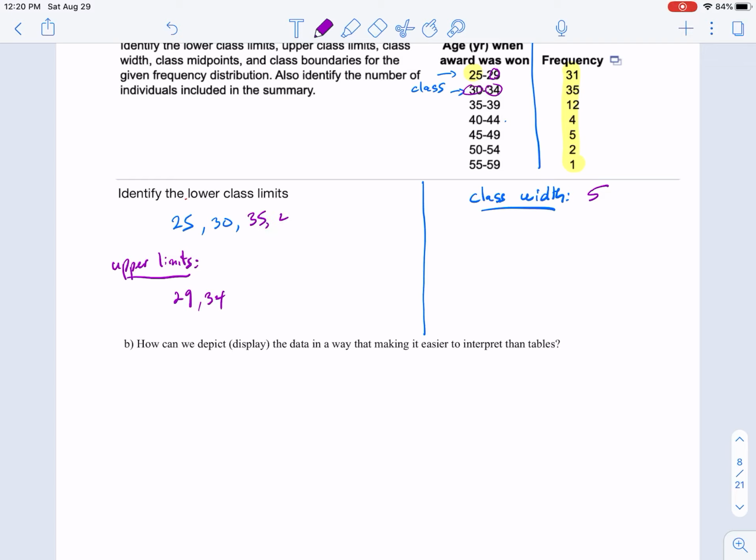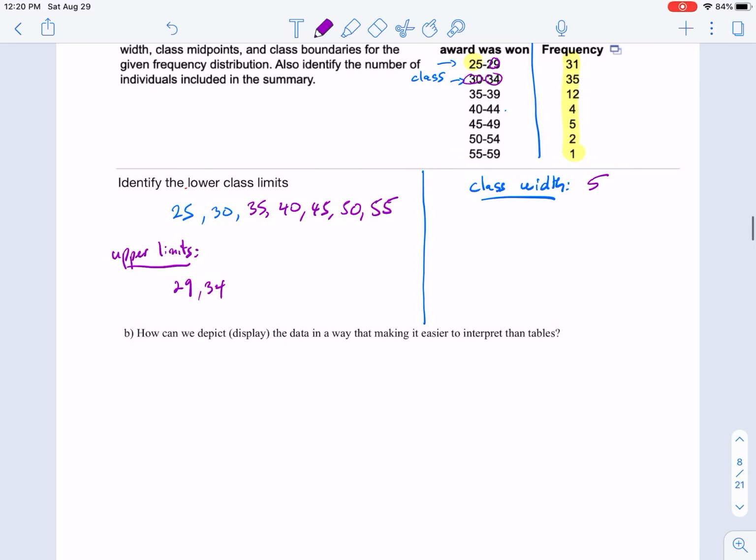So 35, 40, 45, 50, 55 are the lower class limits. And the upper limits, from 34 plus 5, will be 39, 44, 49, 54, and 59. Those are the lower and upper class limits, and the width is the difference between any of those consecutive numbers.